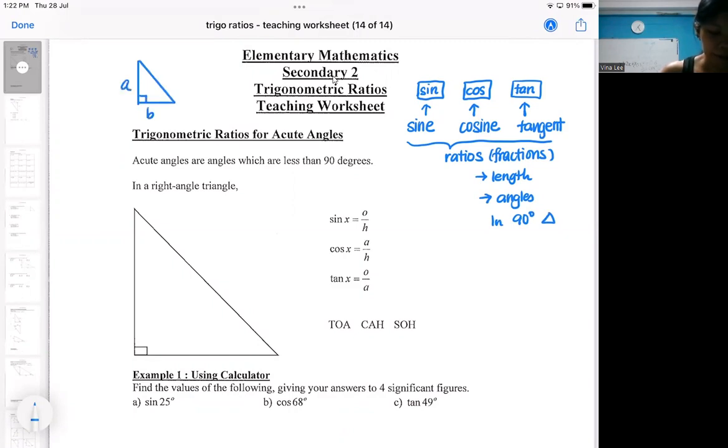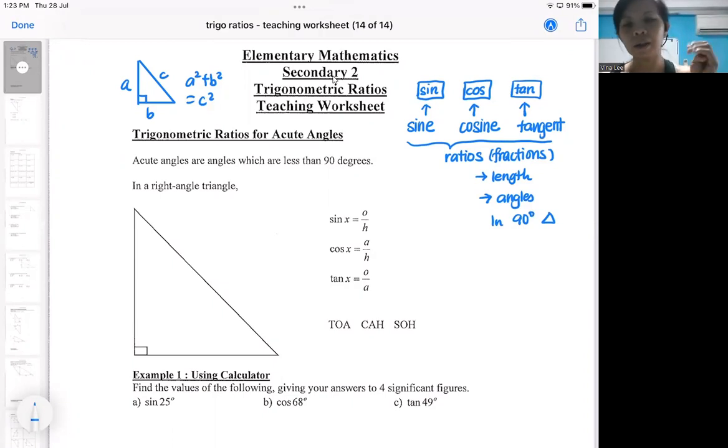So remember this, it is the same idea. In a 90-degree triangle, we can apply Pythagoras theorem to find length. But Pythagoras theorem only helps us to find length. In trigo, we have three ratios to help us find length and angle. These formulas will involve the angles and the lengths.